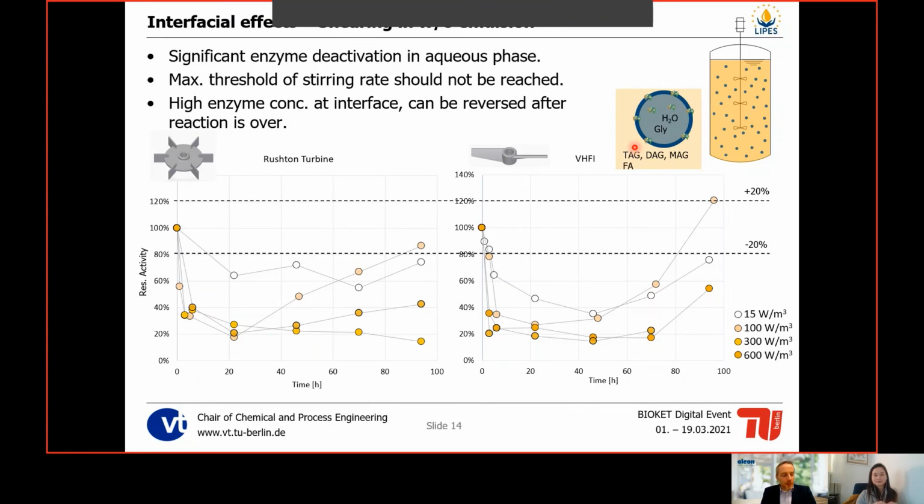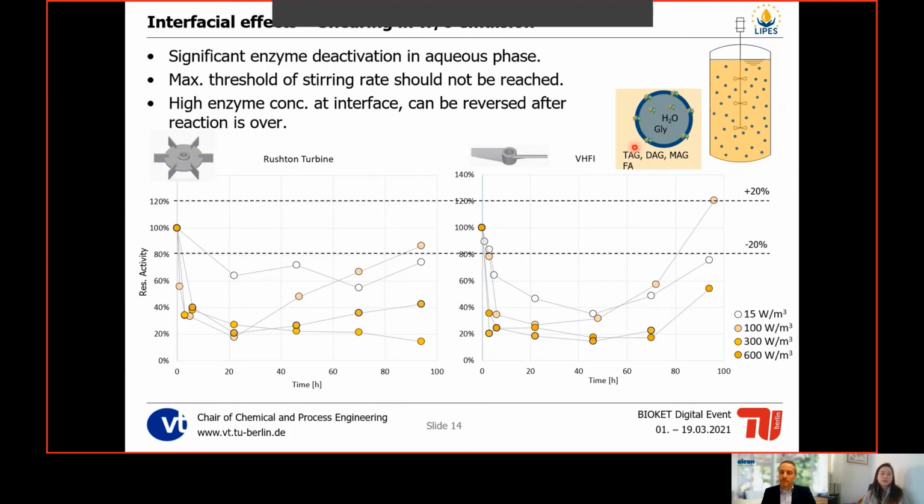The next question is: is there a way to determine the maximum shear rate for the enzyme deactivation? This is actually a trickier part to answer, because in a stirred tank reactor, we need shearing to create the interface, but the shearing also causes the deactivation of the enzyme. So the 2 are not separable in a stirred tank reactor.